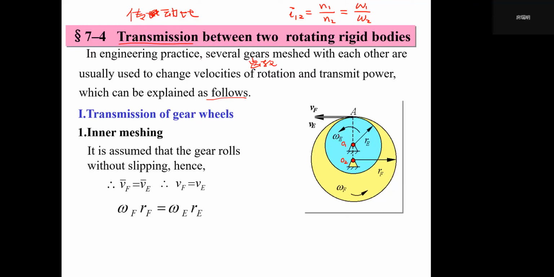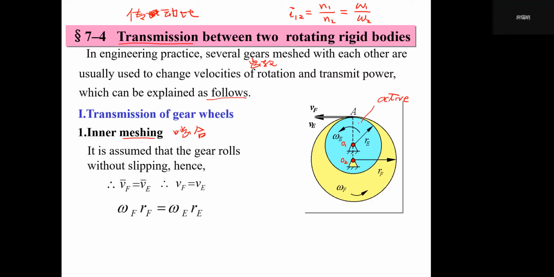But if the smaller one's movement is active, then it will make the yellow one rotate. Just because of the meshing, meshing means 啮合, because the smaller one has gear teeth, 轮齿, and the yellow one also has gear teeth. So these two will mesh together.